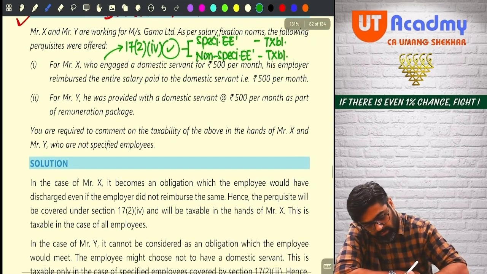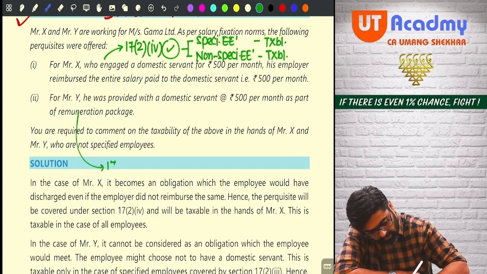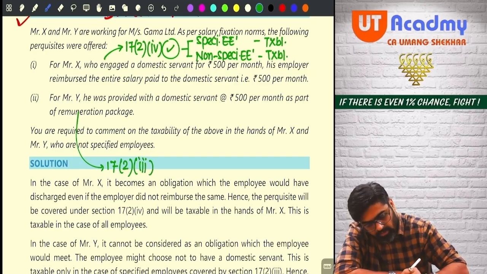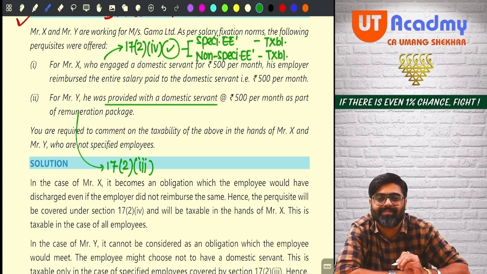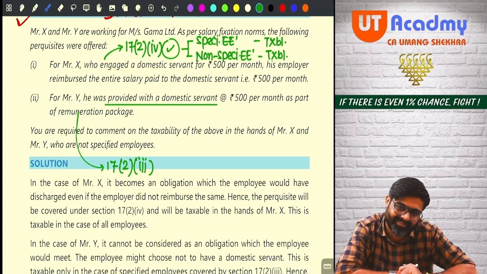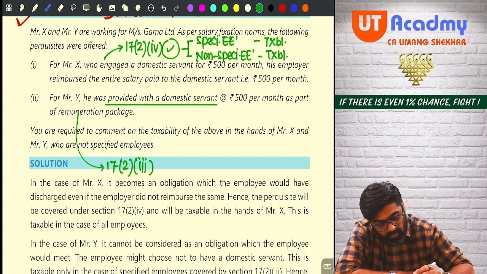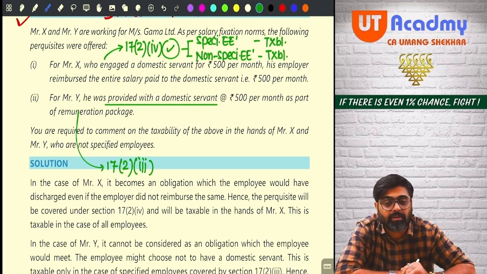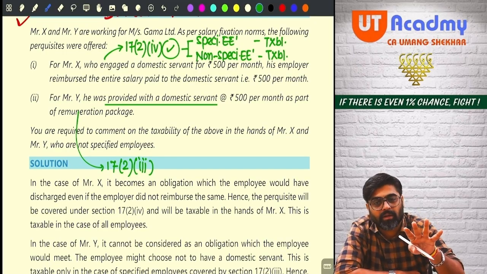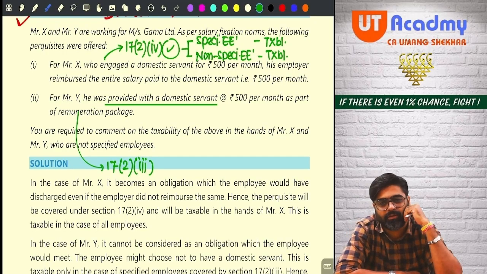And in the second case, this perquisite is a 17 subsection 2 clause 3 perquisite. Why, sir? See, Mr. Y was provided with a domestic servant at rupees 500 per month as a remuneration package, meaning that don't engage your servant, we will provide you domestic servants.